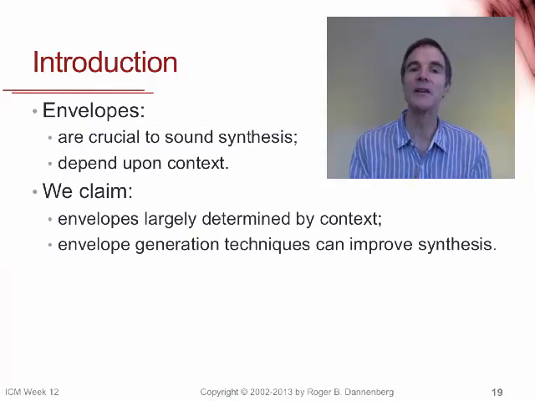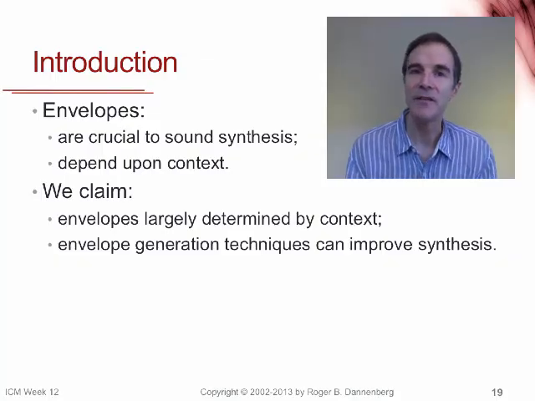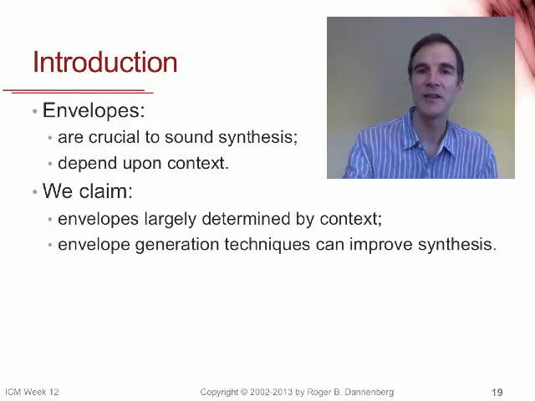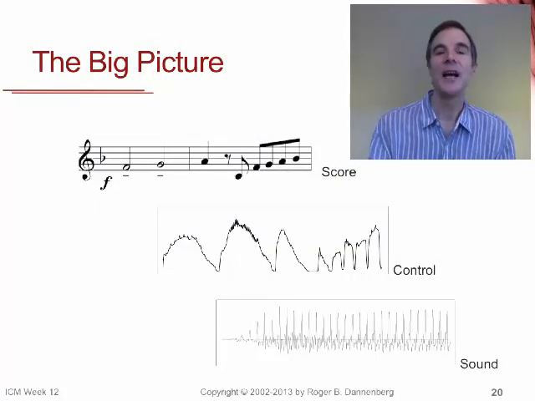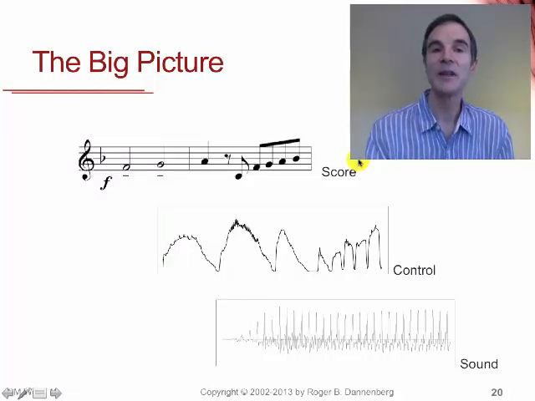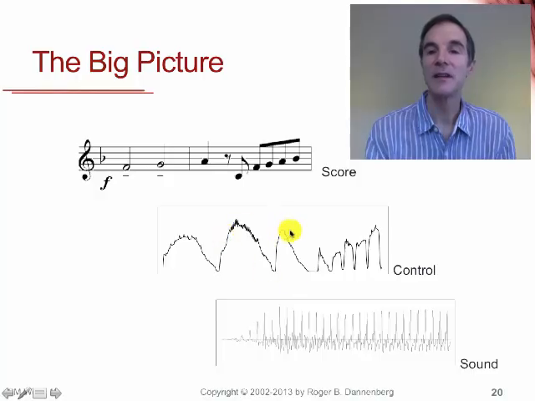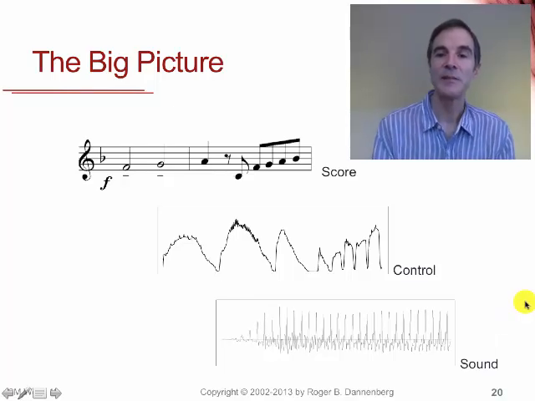So we claim that envelopes are largely determined by context, and that good envelope generation techniques can vastly improve sound synthesis. So here's the big picture. We have in spectral interpolation synthesis a score to begin with. We take that score and we produce envelopes, control signals that might look like this, and then we synthesize using our spectral interpolation instrument model to make sound.